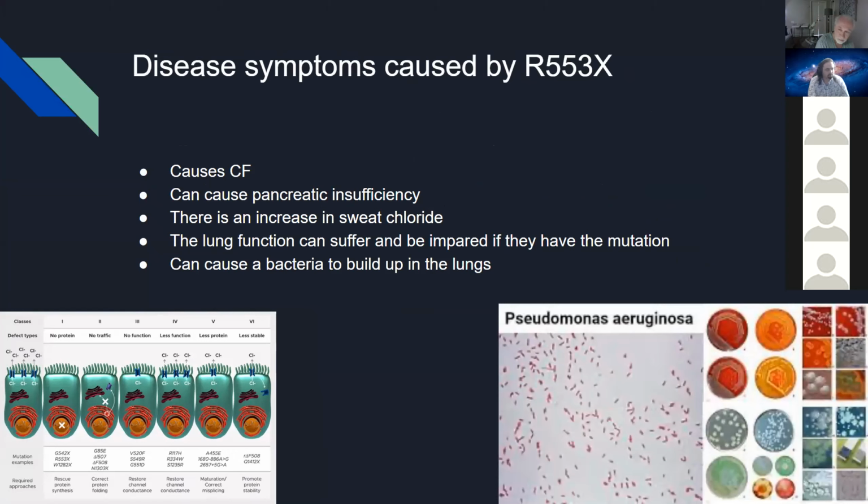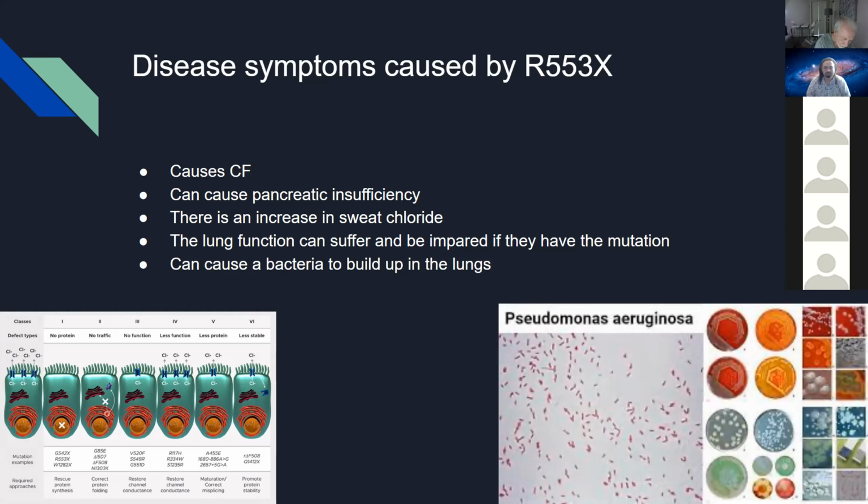The disease symptoms caused by R553X: it can, as you know, cause cystic fibrosis when combined with another cystic fibrosis-causing variant. It can also lead to pancreatic insufficiency when another similar variant is present. There is also an increase in sweat chloride seen in the records of people suffering with this mutation.